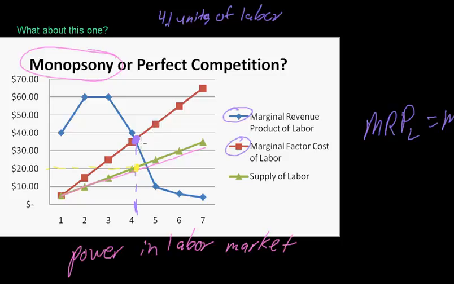So we are going down to the supply line at the quantity that is determined where the marginal revenue product is equal to the marginal factor cost. So again, we're finding where this is true, and then we're going down to the supply line to find our wage rate. And so they will pay, we'll say, $21 in wages. So that's it.